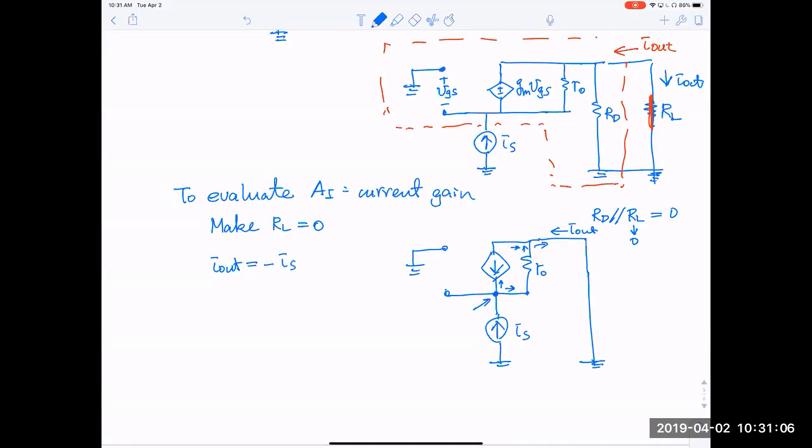If you treat the whole thing in the dotted line as a node, all the current going into the node has to be equal to the current going out of the node. That's the essence of KCL. So this means AI, which is equal to I out over IS, is -1.